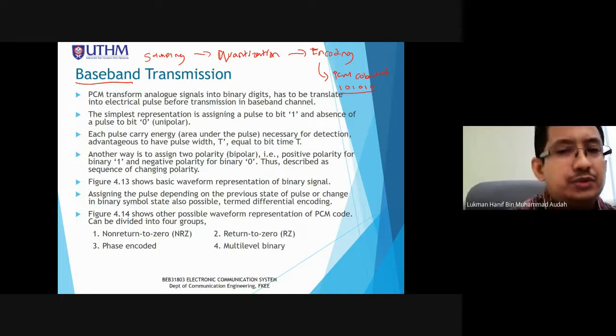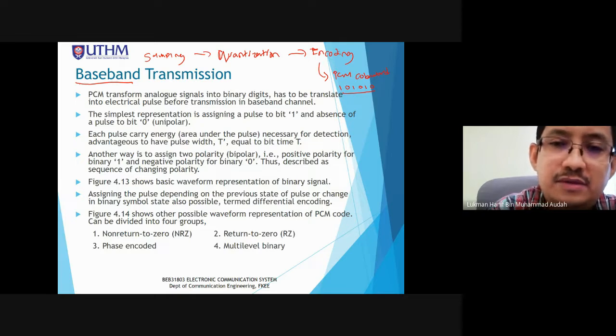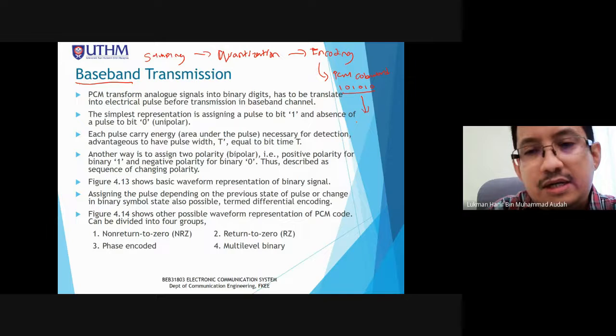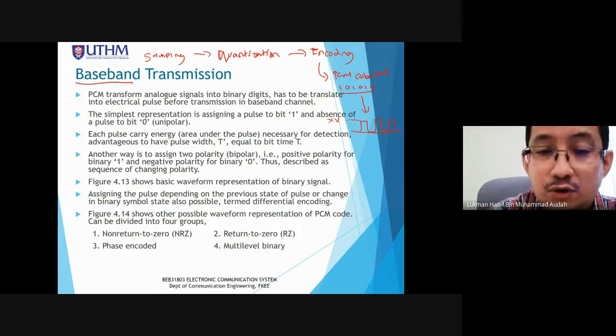Okay, so now the issue is we need to convert this digital code word, PCM code word, kepada digital pulses. That means we need to assign a specific voltage, okay, for each of the type of logic number.